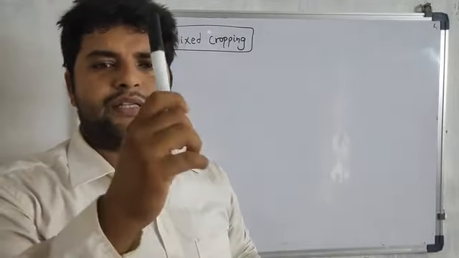So whenever I mix all these markers, it is a type of mixing, and this mixing contains three things: black marker, green marker, as well as red marker.